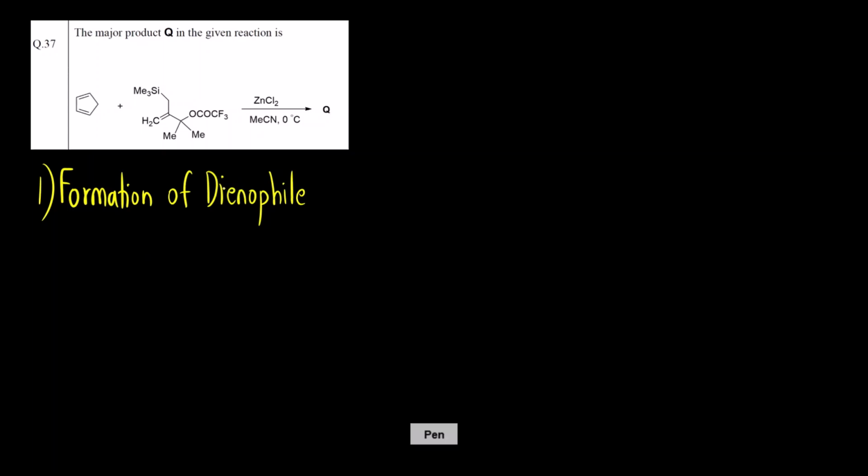So our first important task is the formation of the dienophile. That is the first step. A dienophile, or we can say a compound having a 2 pi or 2 electron system.